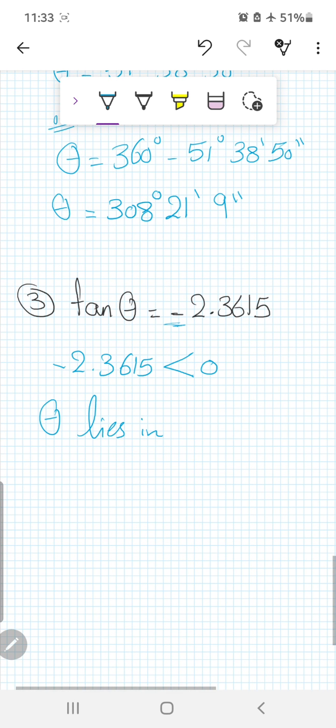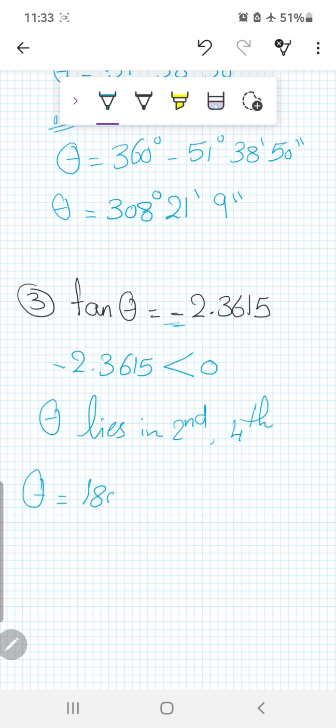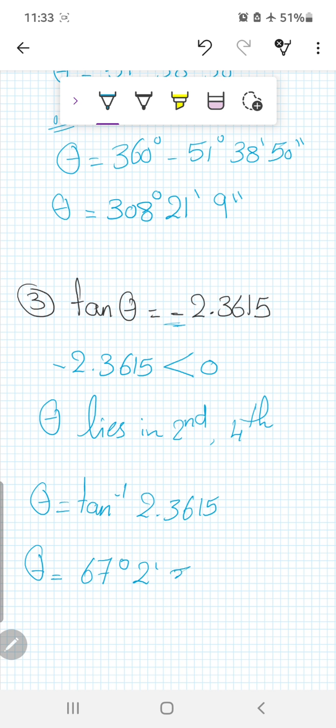So theta lies in the second quadrant and fourth quadrant. In the second quadrant, as we said, 180. First get the value of theta, which is tan minus 1 of 2.3615. So theta will be 67 degrees 2 minutes and 57 seconds.